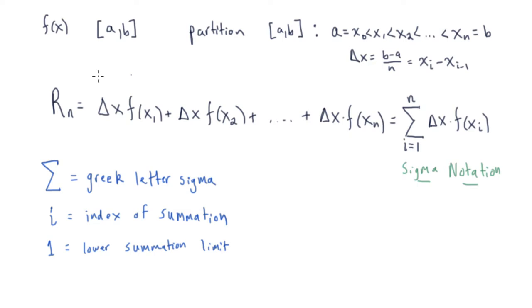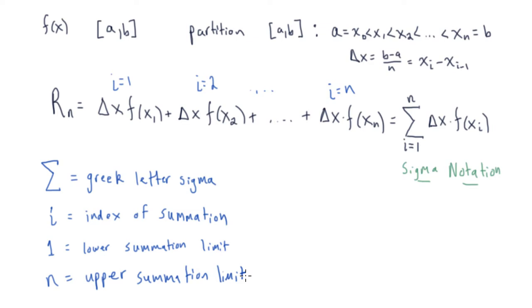Okay, so this is the I equals 1 term, I equals 2, and this is, of course, the I equals n term. So each term is just indexed by I. 1 is the lower summation limit, and then n will be the upper summation limit. Okay, so there's some simple notation.